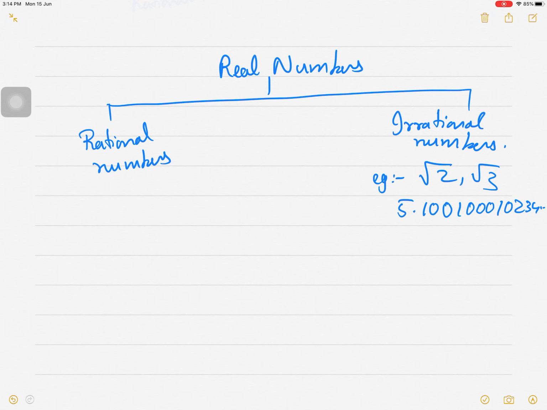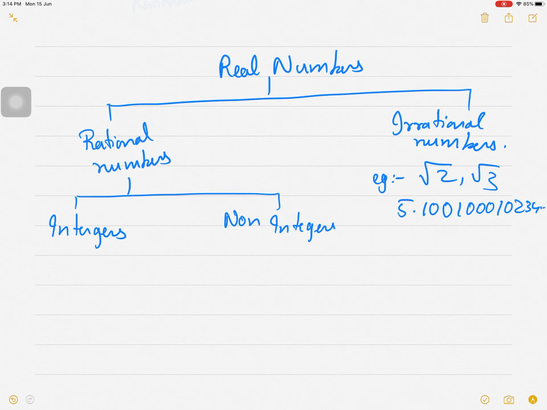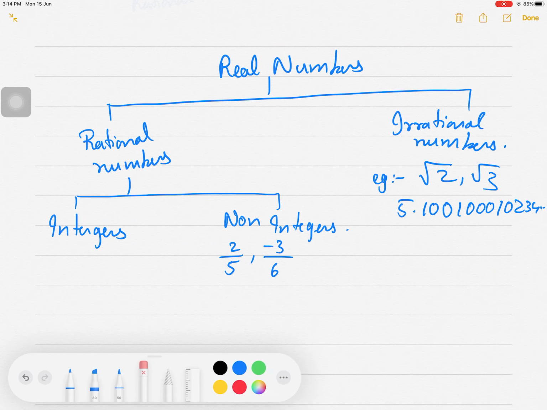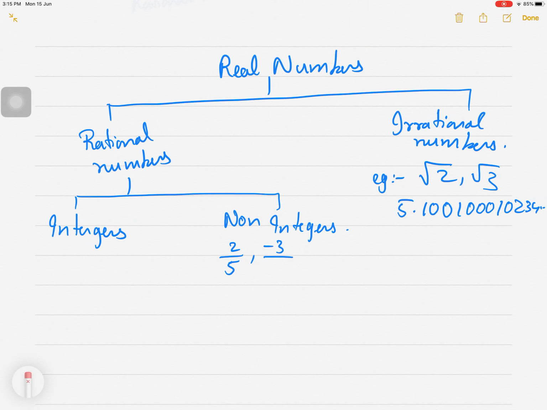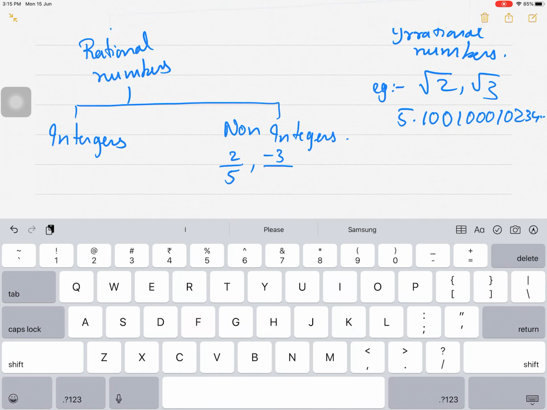Rational numbers can be divided in two again: integers and non-integers. Non-integers are 2 by 5, minus 3 by 6, which is minus 1 by 2, yes, that I can write.